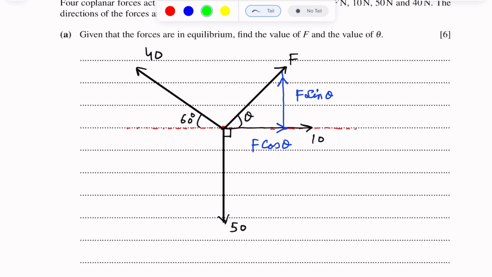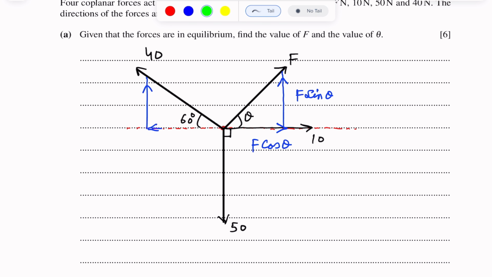Now in the same way we will resolve the 40 Newton force. This is the X component, this is the Y component. The component opposite to the angle will be in sine.